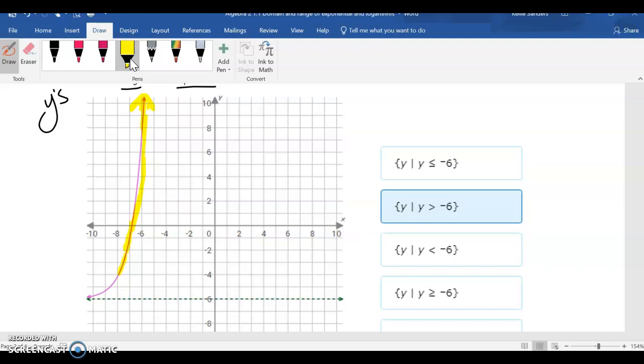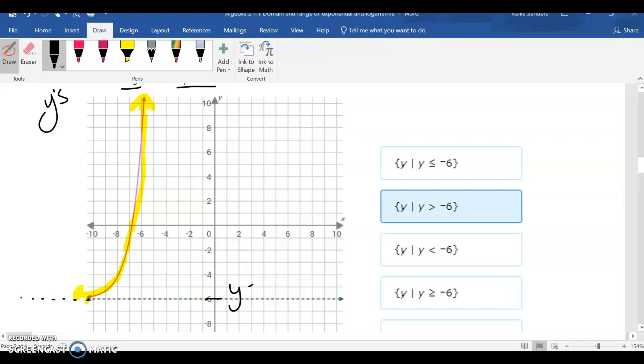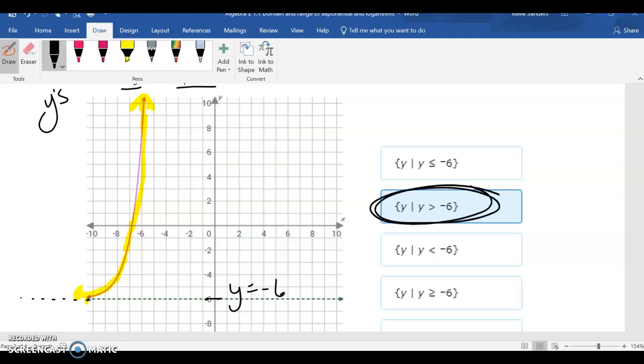But on the down, it's going to keep going down, but it's never going to pass this horizontal asymptote. It's never going to cross this horizontal asymptote, and that asymptote is at y equals -6. All of the graph is above y equals -6, so it's going to be this one.